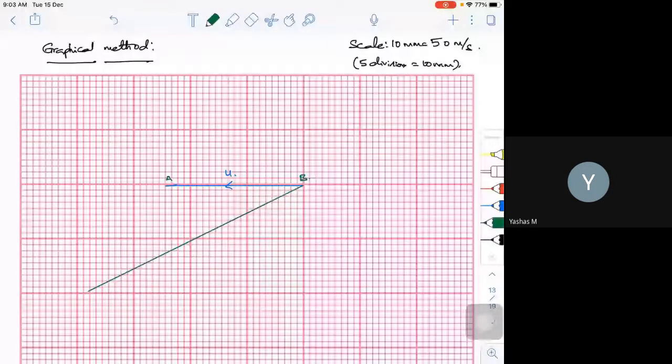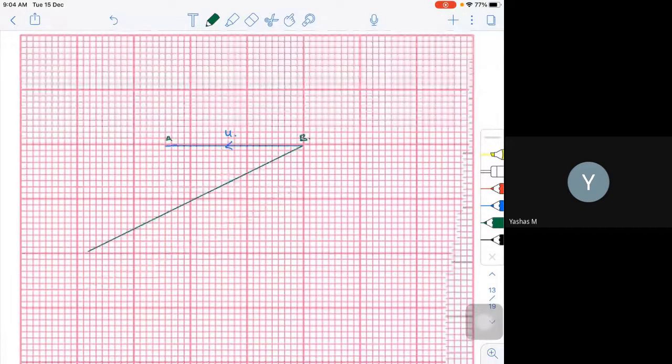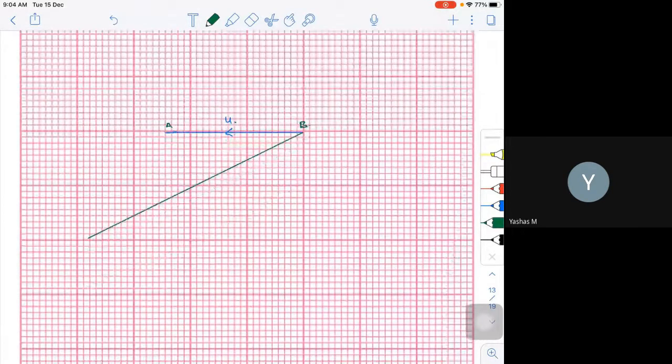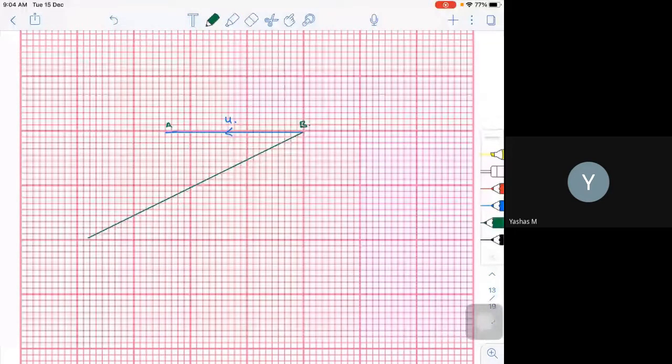Now, what is the value of V1? I calculated V1 using the pi value. V1 is 523.8. So 523.8 divided by 50 meters per second gives around 10.5 centimeters, or 105 mm. With B as the point, I'm going to use the compass and cut 10.5 centimeters.